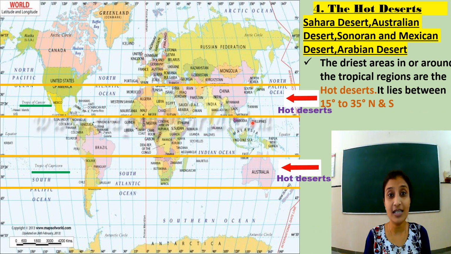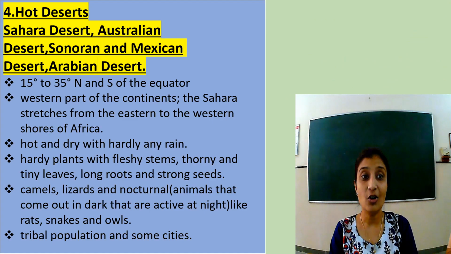The fourth is the hot deserts. These areas lie between 15 degrees to 35 degrees north and south of the equator. The hot deserts cover the Sahara Desert, Australian Desert, Sonoran and Mexican Desert and the Arabian Desert.